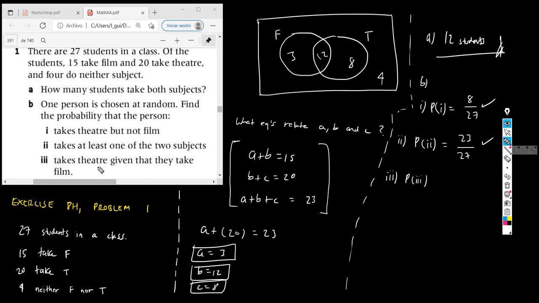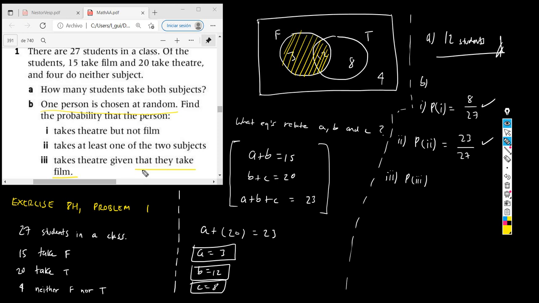So, we already know that this has happened, given that they take film. We know that the person that I chose, I know that this person takes film. So remember, what's going to happen is that the sample space is going to collapse. It's going to be reduced. And now my sample space will only be this section right here.